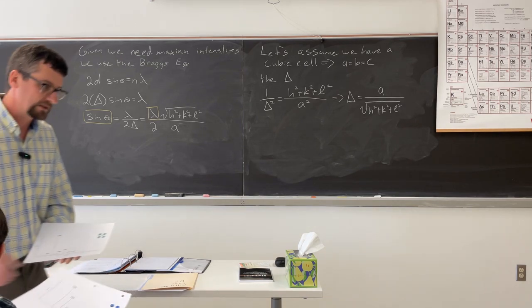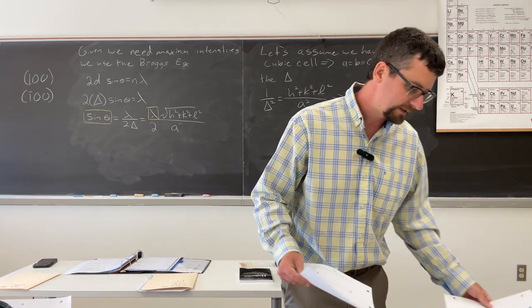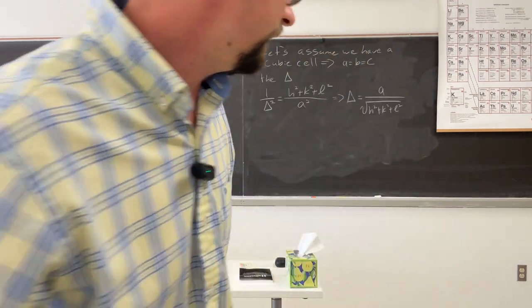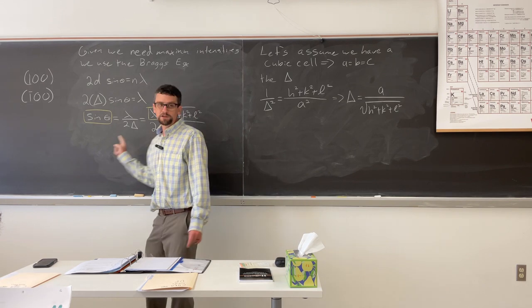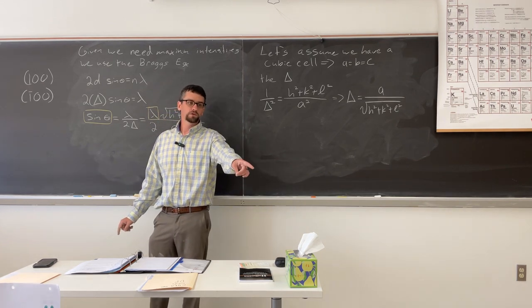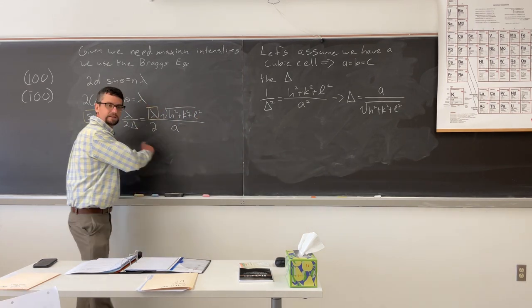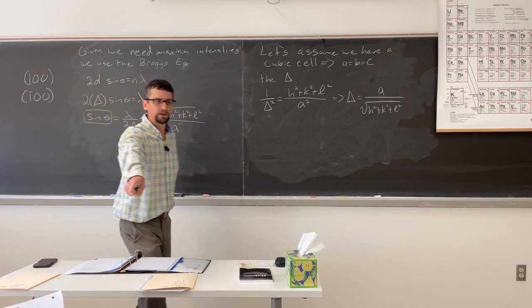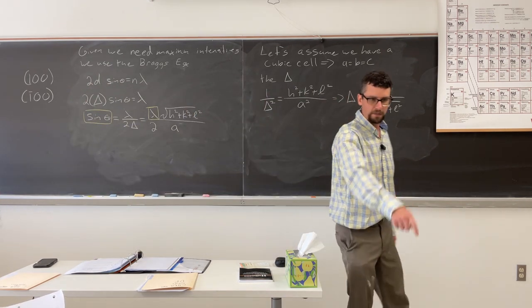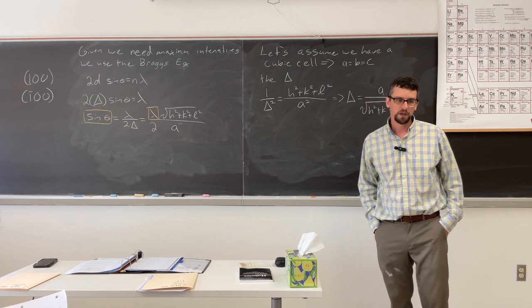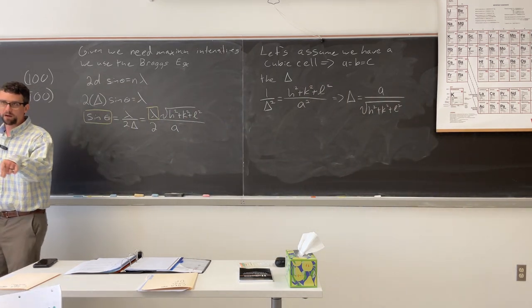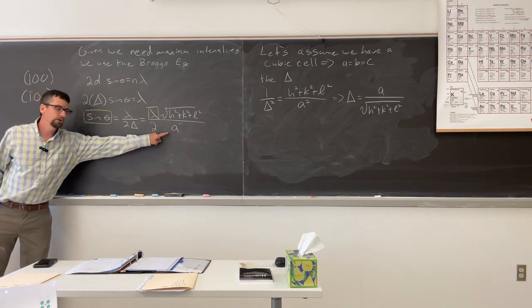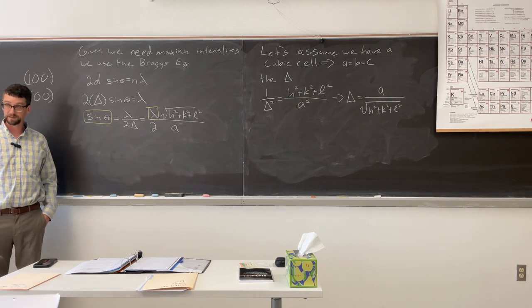I've labeled the planes for you because we're going to need those planes. But if you use this equation and you use those reflections in the correct lattice parameter, guess what? It works out to what is measured. So you use the experiment that you have there, and you can figure out your lattice vectors from that. Does that make sense?